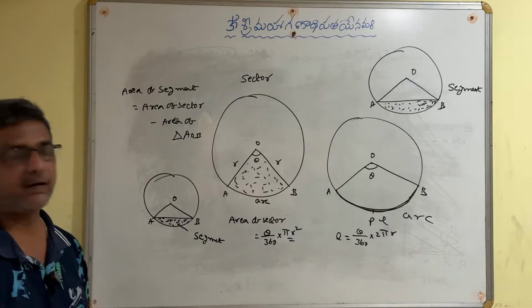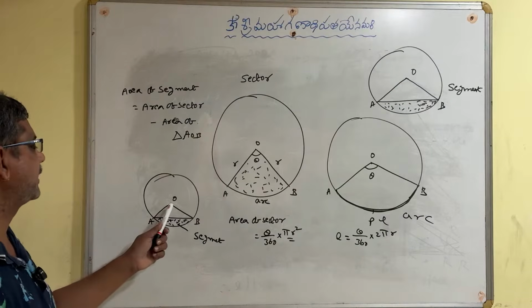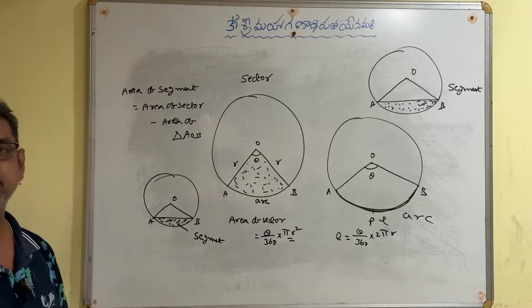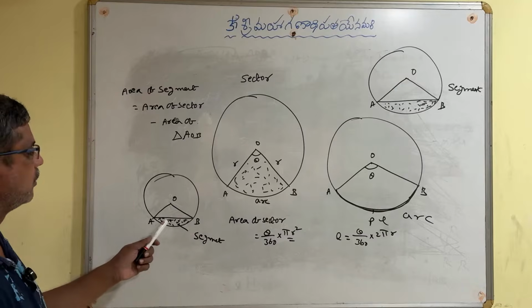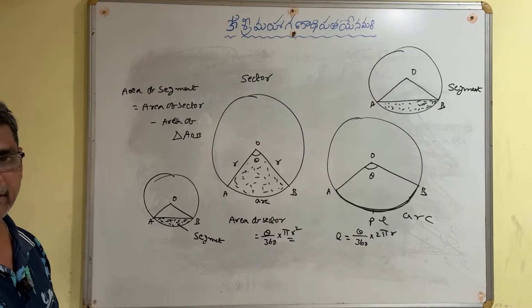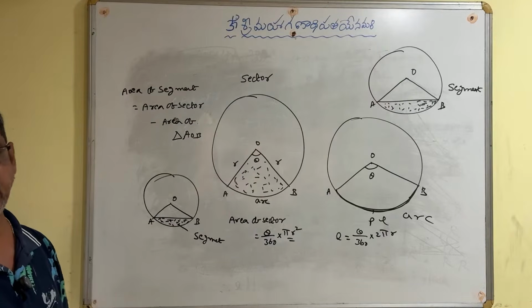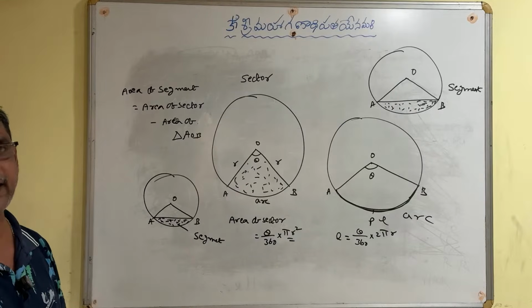In order to find out area of segment, what we have to do? First we need to join the endpoints of the chord with the center. Then we can observe sector over here. Clearly we can understand that segment area is a part of sector area. How to find out its area?